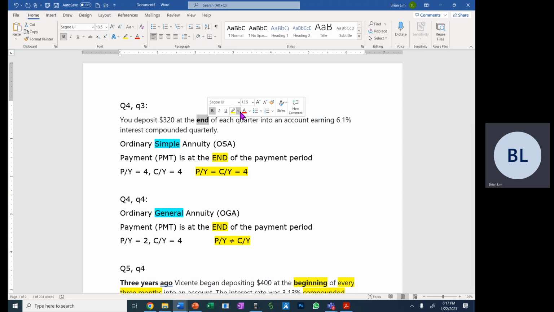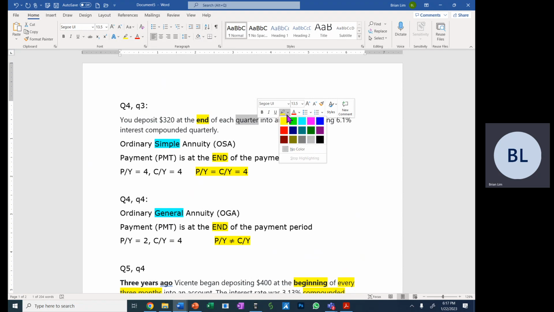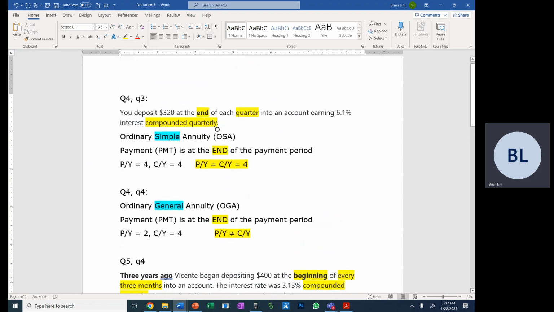So end, these will become clearer as time goes on, end of each quarter. So this here, end of each quarter, remember it's end, and then it's each quarter, and then this one is compounded quarterly. Okay, so PY is 4, CY is 4, and now you have an ordinary simple annuity.